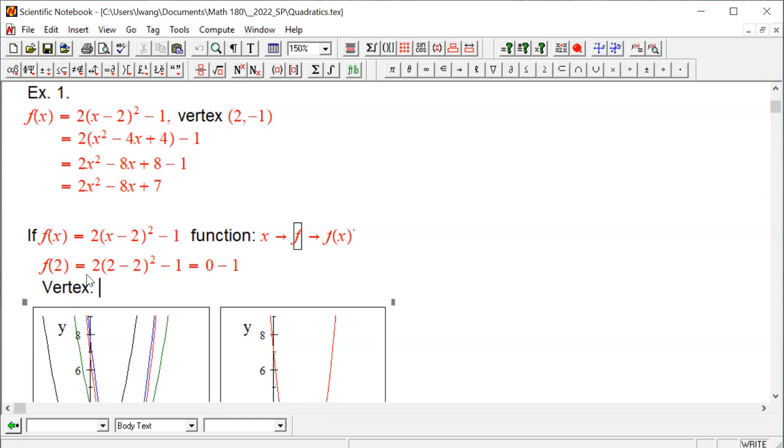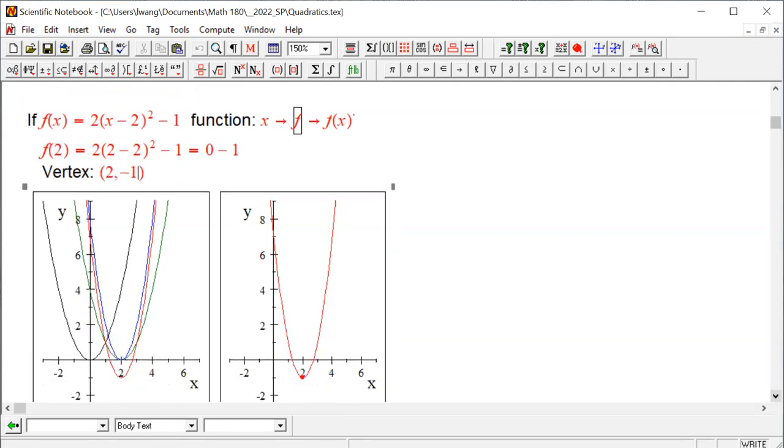This is actually the lowest point of the curve, as we saw in the picture. And what is the meaning of this lowest point? It says when the input is 2, the output is -1.